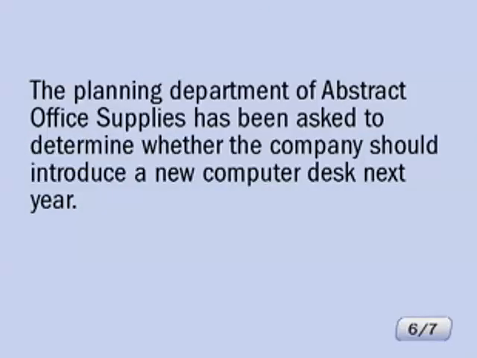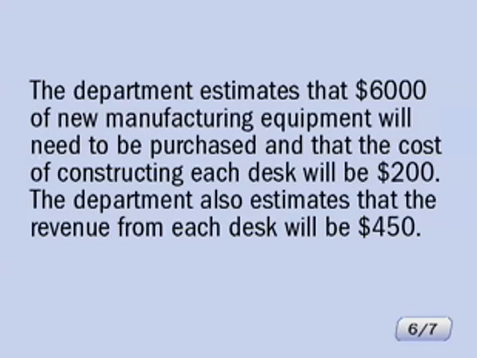The Planning Department of Abstract Office Supplies has been asked to determine whether the company should introduce a new computer desk next year. The department estimates that $6,000 of new manufacturing equipment will need to be purchased, and that the cost of constructing each desk will be $200.